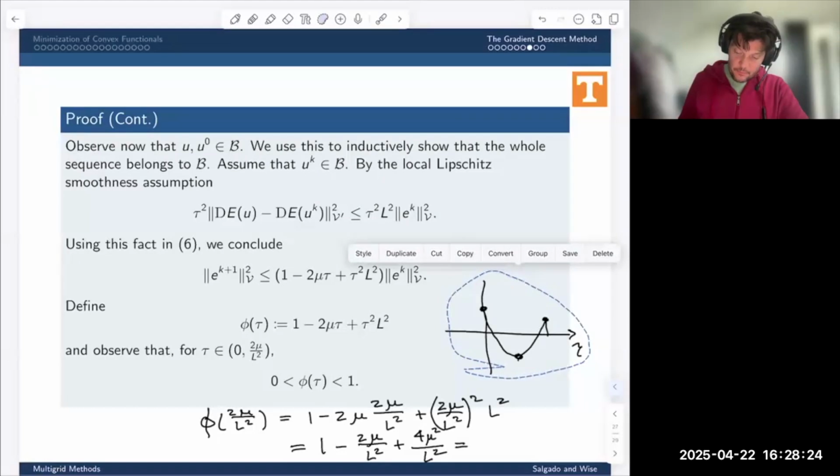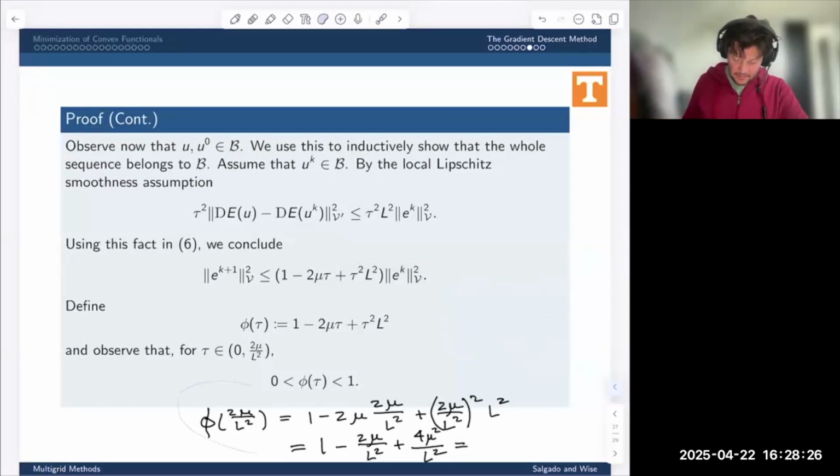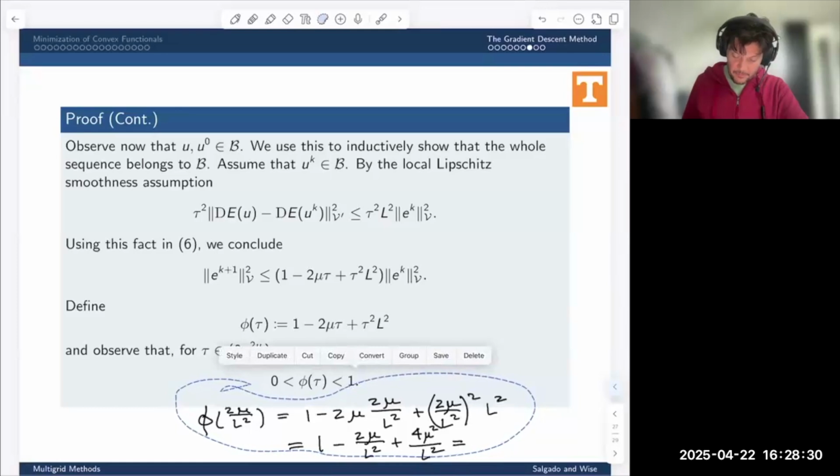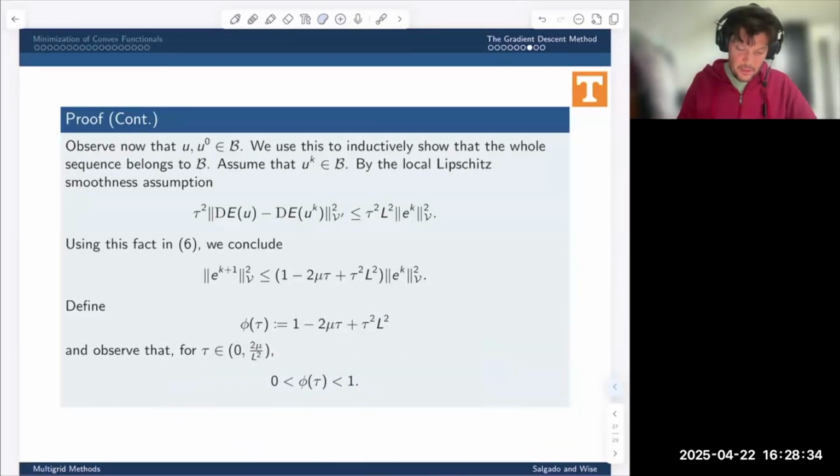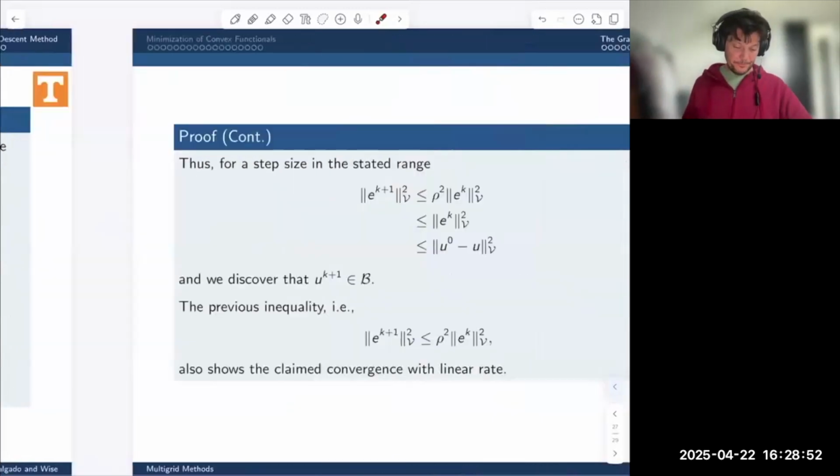I don't want to waste an infinite amount of time on this during lecture. I should have done it beforehand, but I didn't. So I claim, let me just write it like that, I claim that this is true if I restrict tau to be between those two values. And maybe I had some algebra incorrect, but anyway, it's not exactly obvious, but it should be doable.